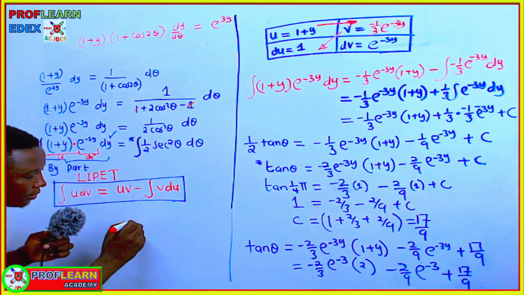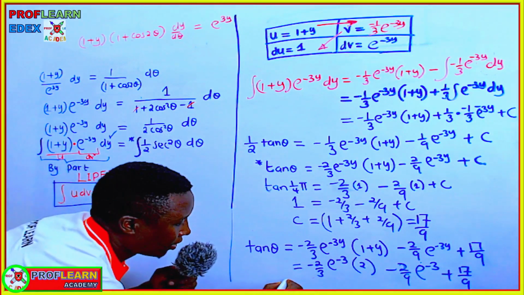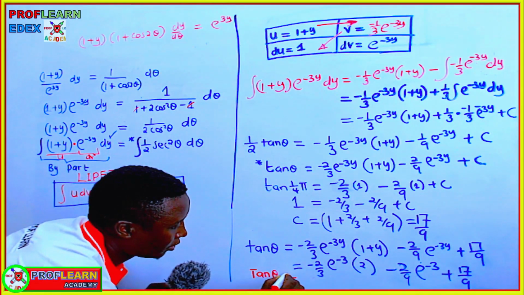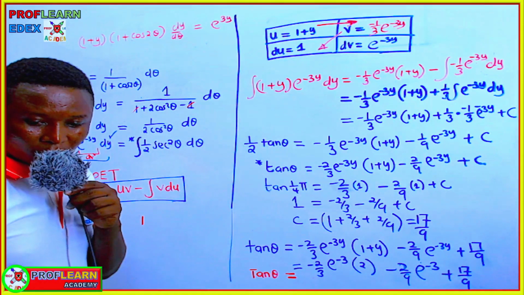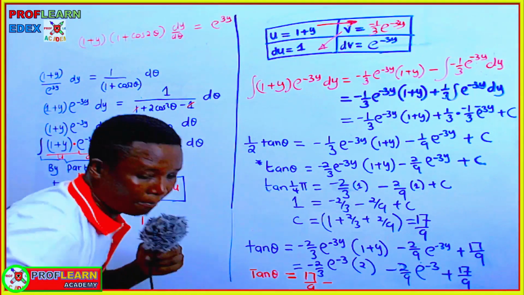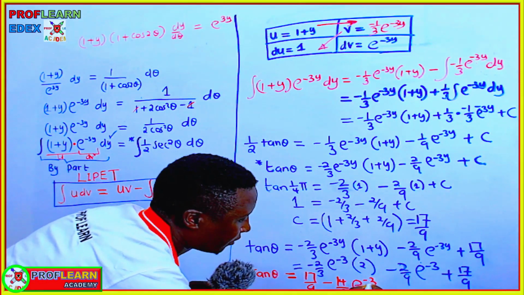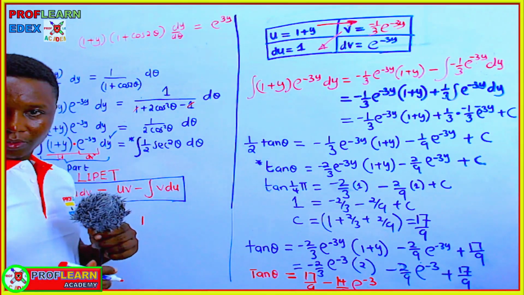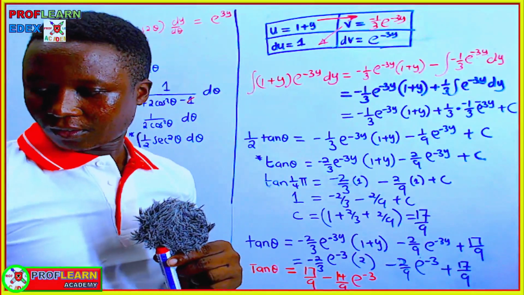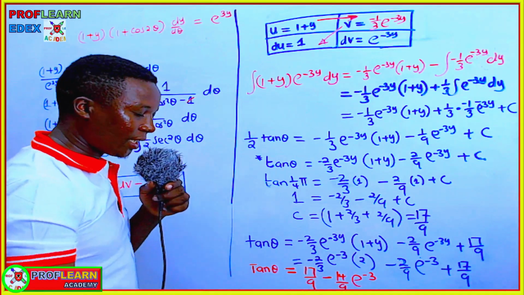You find that your tan theta is going to be equal to 17 over 9 minus 14 over 9 e to the negative 3. This is tan theta equals 17 over 9 minus 14 over 9 e to the negative 3.